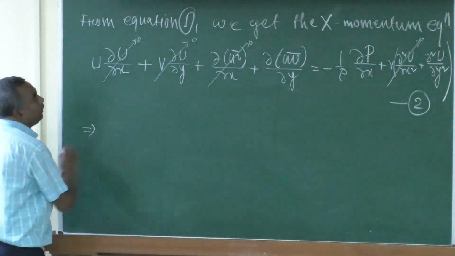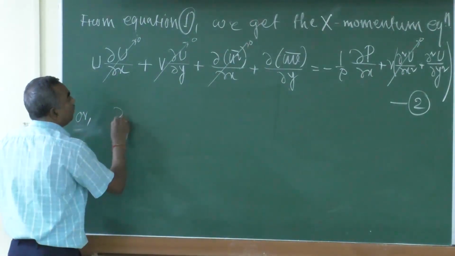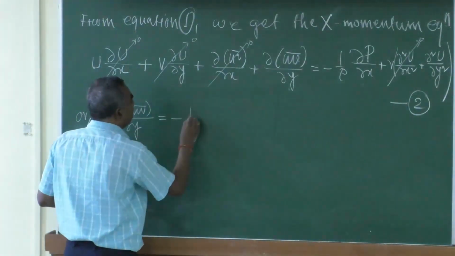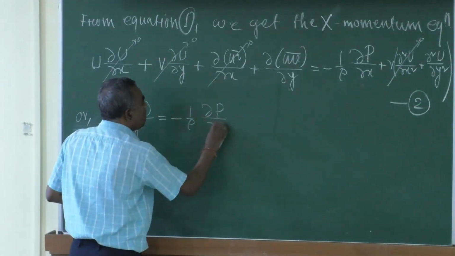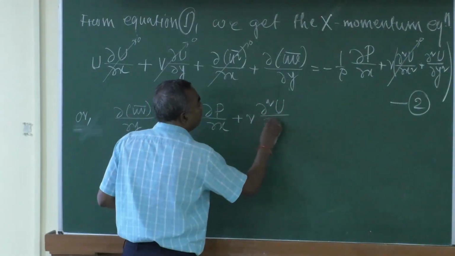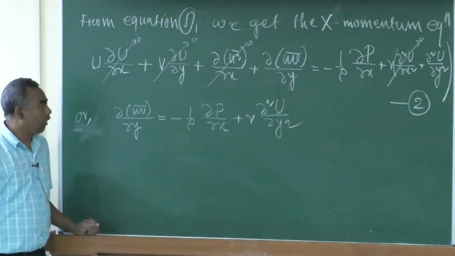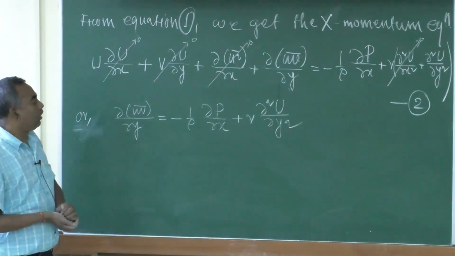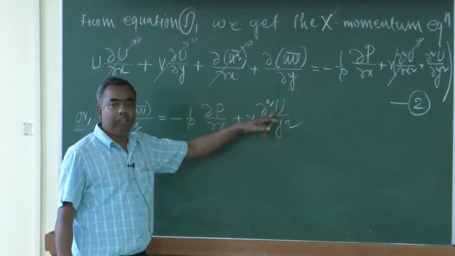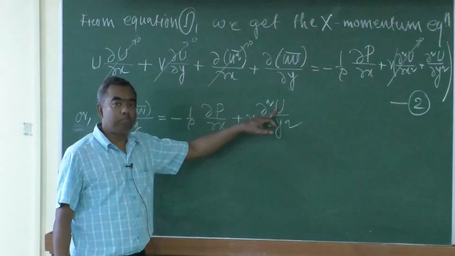So, from equation 2, we can just write ∂(uv bar)/∂y equals to minus 1 by rho ∂p/∂x plus nu ∂²u/∂y². Now see, for this particular quantity u, we said that ∂u/∂x is 0, u is not a function of x, u is only a function of y for the case of fully developed channel flow.